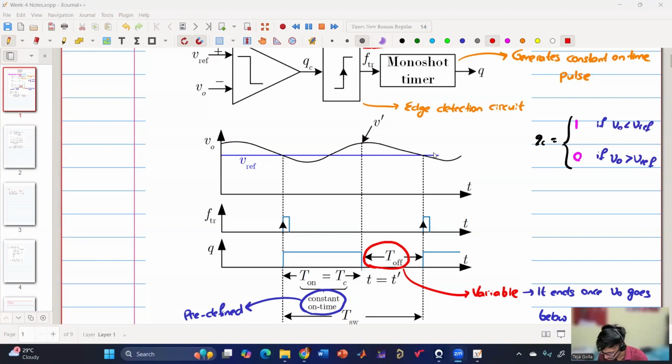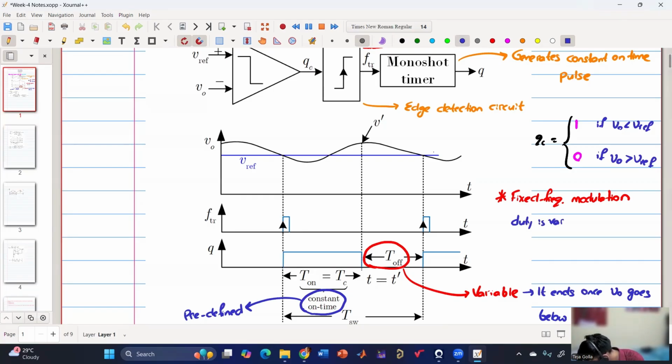One important aspect that I would like to highlight: fixed frequency modulation. So frequency is fixed, duty ratio is changed. So duty is variable, FSW is fixed.